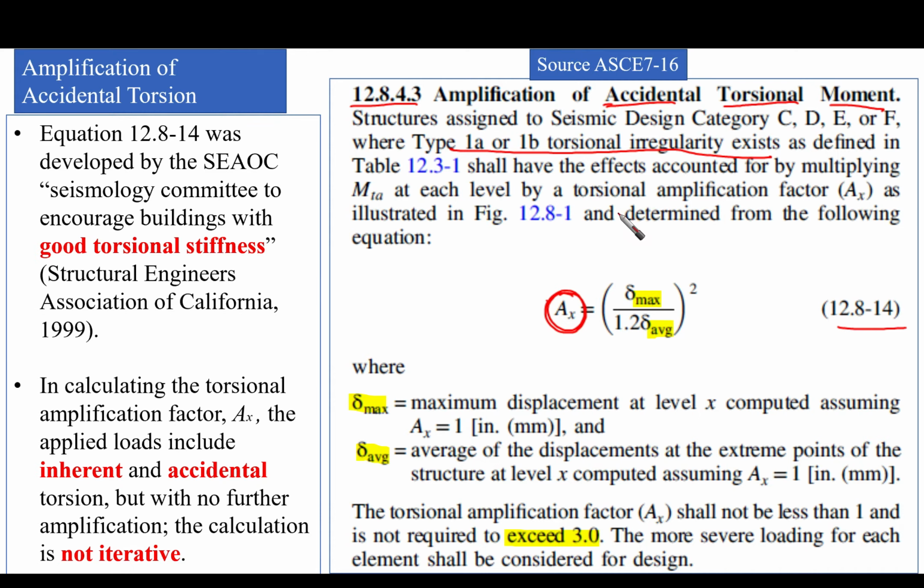It shall have the effects accounted for by multiplying MTA, the accidental torsion, by this factor, Ax, the amplification factor. This is done at each level by a torsional amplification factor, Ax, as illustrated in this figure. You're going to find this.